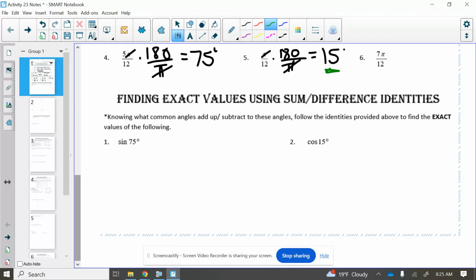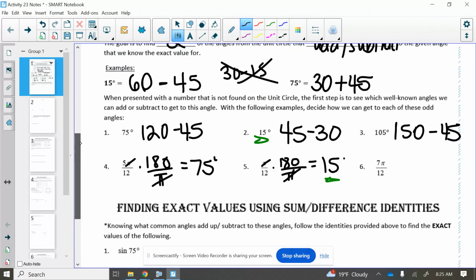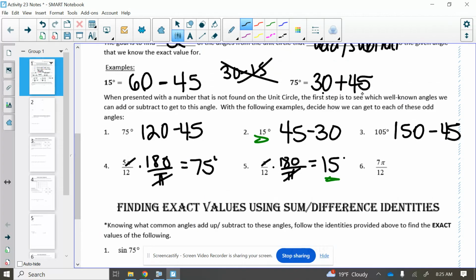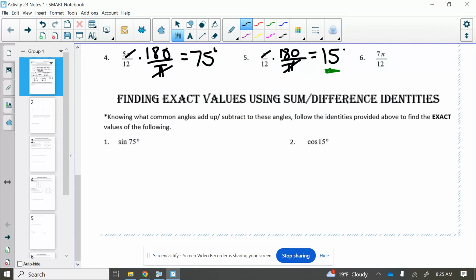Now, how are we actually going to find these exact values? This is where we go up above and say, okay, some values from our unit circle that become 75, for instance 30 plus 45. I would say the sine of 30 degrees plus 45 would be the sine of 75.